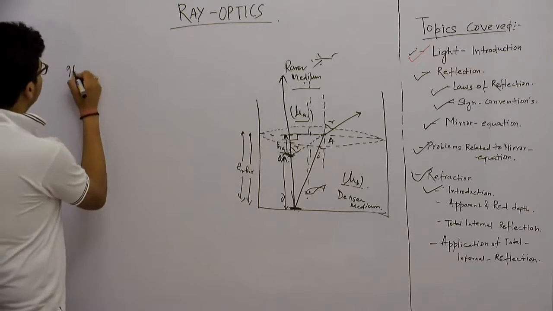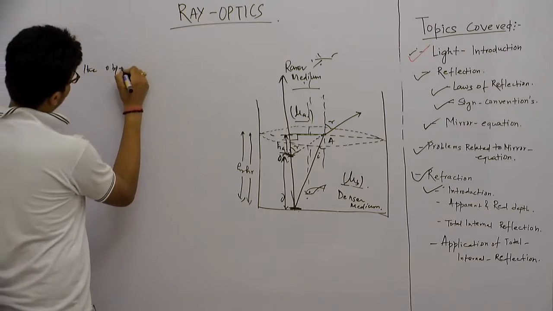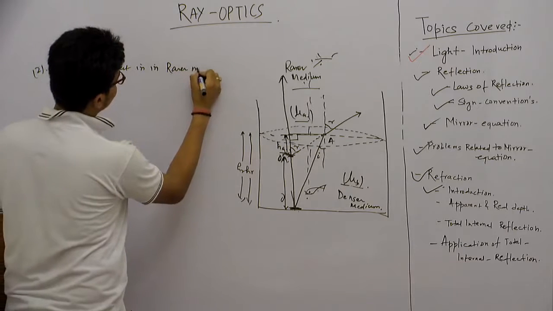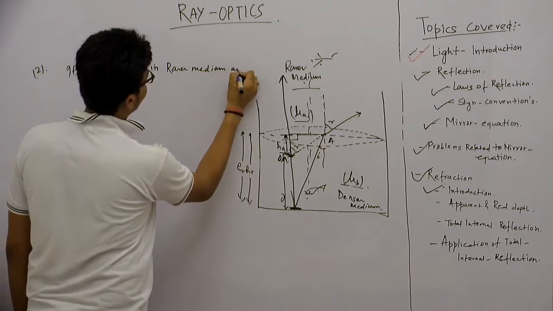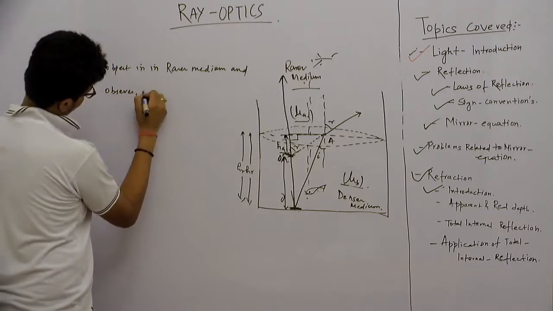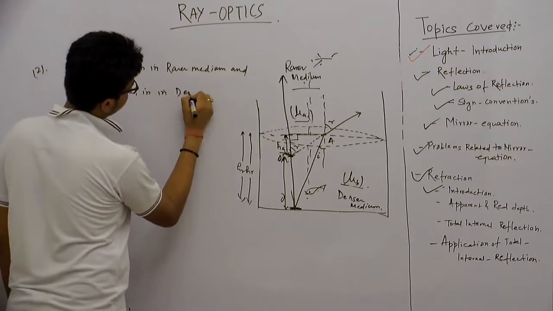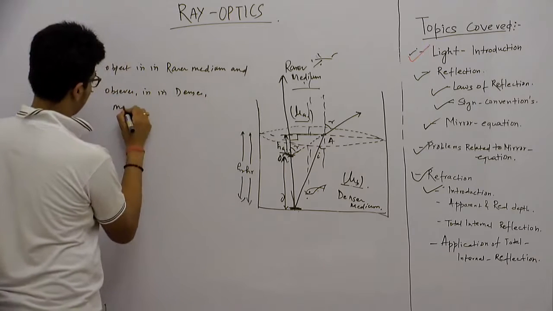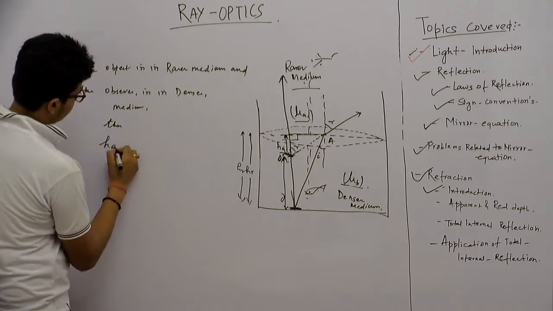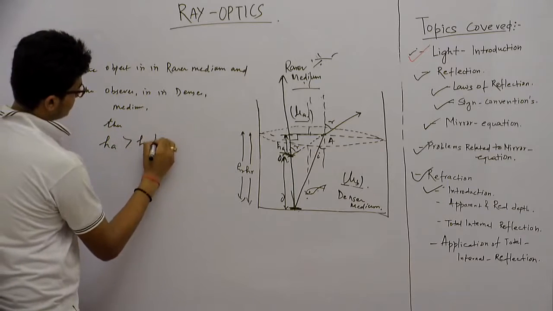Second case, if the object is in rarer medium and the observer is in denser medium, then HA, that is the apparent height, is greater than the real height.